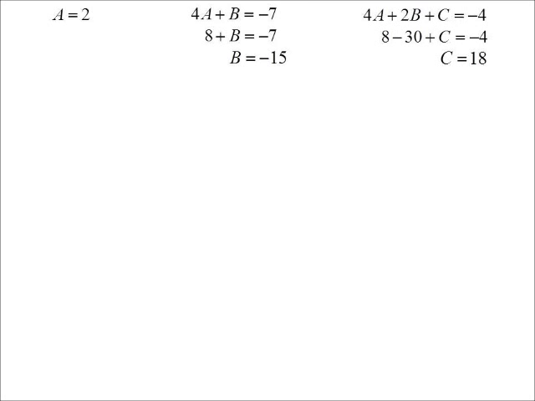So a must obviously be 2 in this case. 4a plus b is negative 7. Which gives me negative 15 for b, because we know what a is. 4a plus 2b plus c is equal to negative 4. But then substituting in what we know, we get c is 18. So alright, I have my three values.